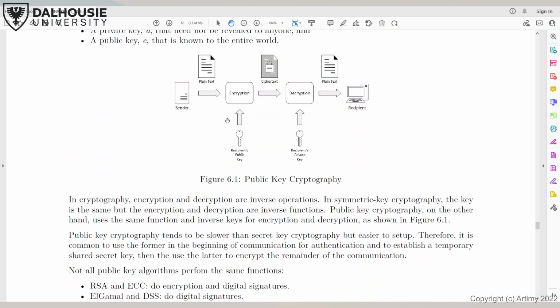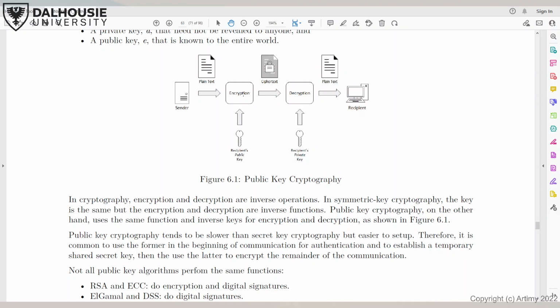All right, so this is the concept again. The sender has a plain text, passes it through the encryption algorithm with one of the keys, and that generates the ciphertext. The ciphertext is received by the other entity, which uses the same algorithm, but with a different key.